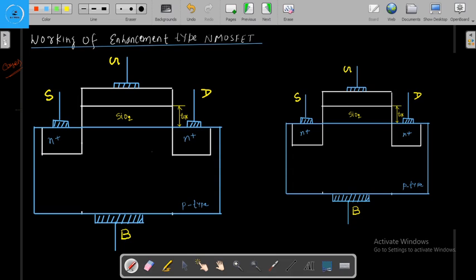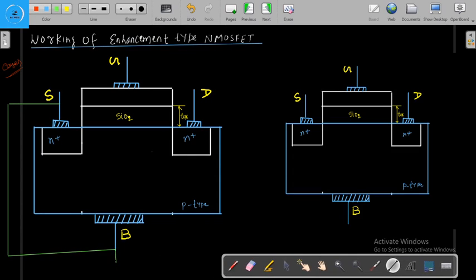We have connected this source with the substrate, and we are putting this substrate at ground. Why we are putting the substrate at ground, we are going to see.